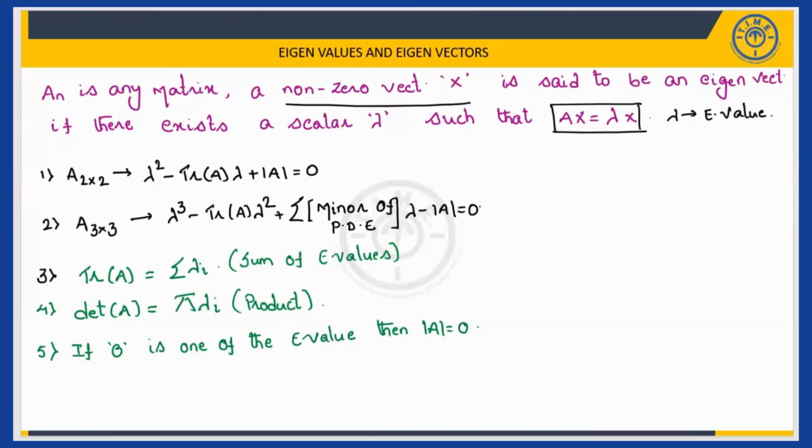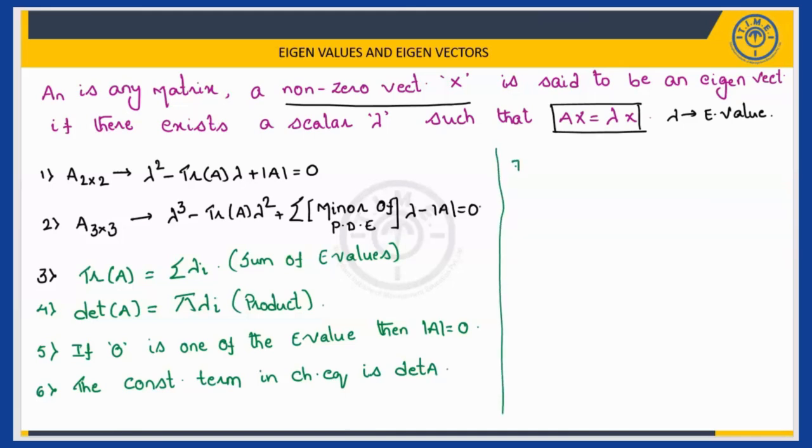That means if the determinant of a matrix is 0, then 0 will be one of the eigenvalues. And the constant term in the characteristic equation is always the determinant of a matrix.